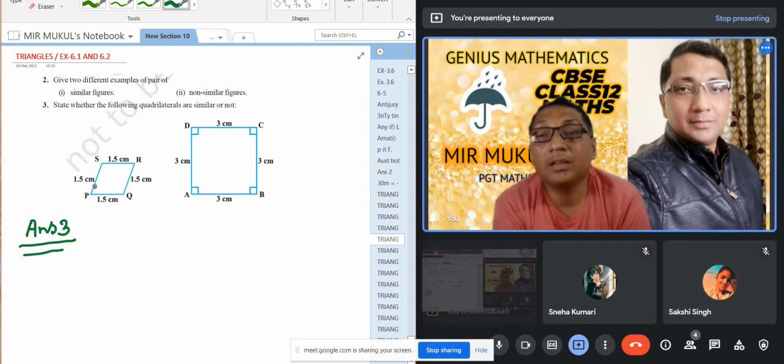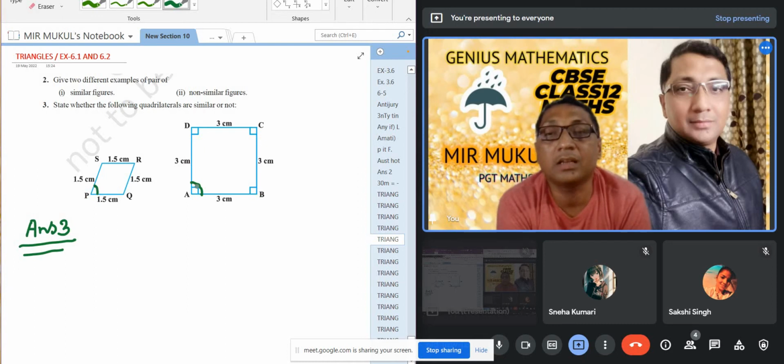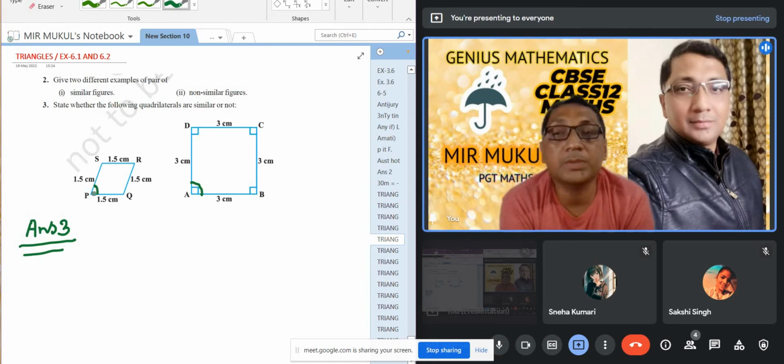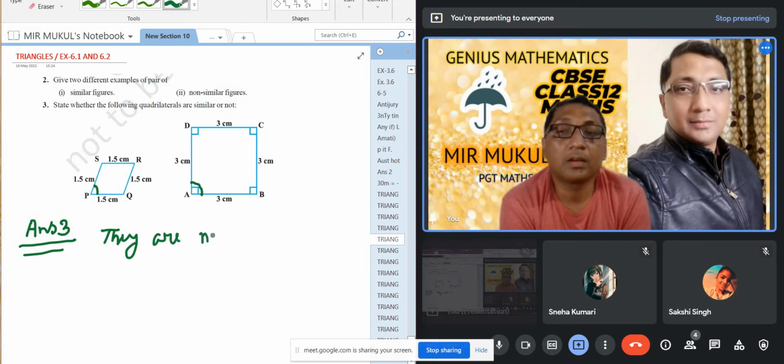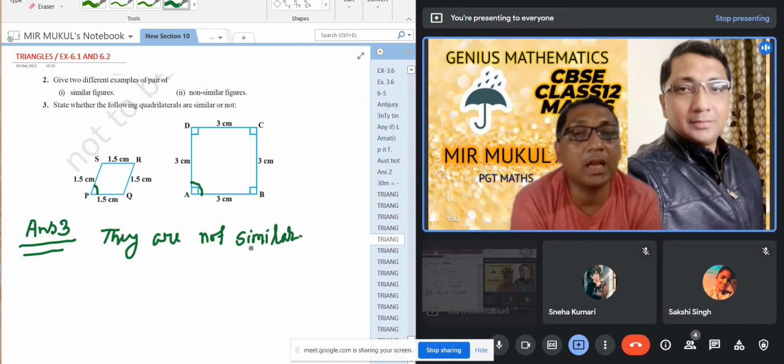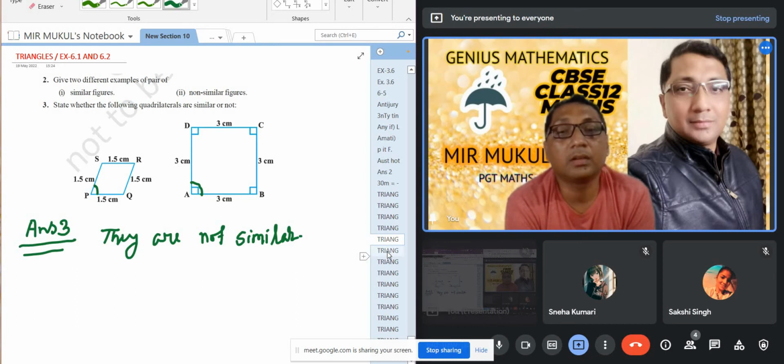Look here. This angle and this angle are 90 degrees, but these two angles are not equal. So if corresponding angles are not equal, then we can't say they are similar. So here they are not similar because their corresponding angles are not equal, right?